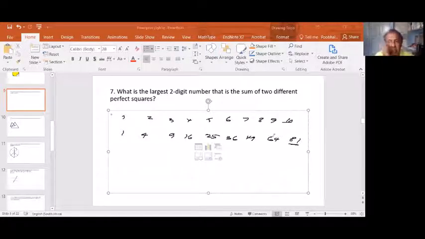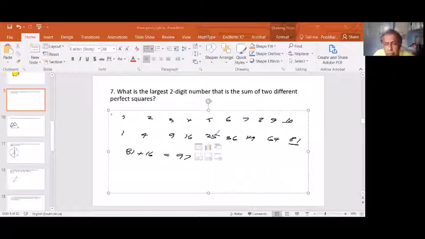Now this obviously is a 3-digit number. 81 plus 49 again is a 3-digit number. 81 plus 36, 81 plus 25, right? 81 plus 25 is 106. But when we come to 81 plus 16, you get 97.